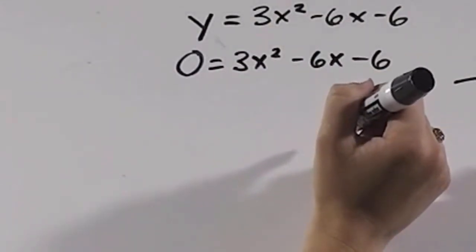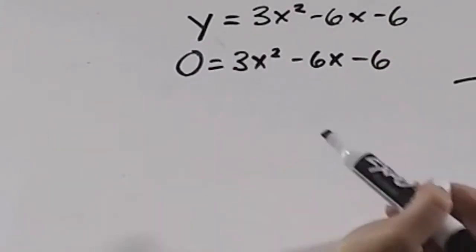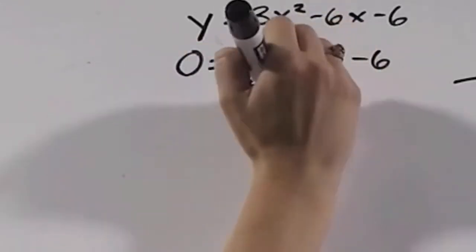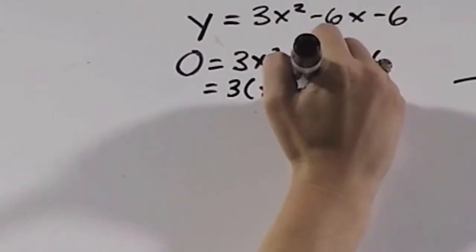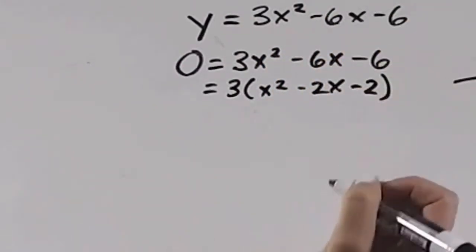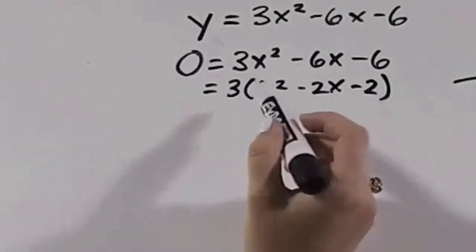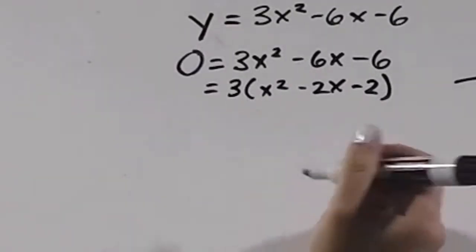Well, for one thing, I see that there's a factor of 3 between all of these, so I'm going to factor a 3 out. 3 times x squared minus 2x minus 2. Now, if you'd like to redistribute the 3 just to convince yourself that this is equal, feel free to do that now. Otherwise, I'm moving on.